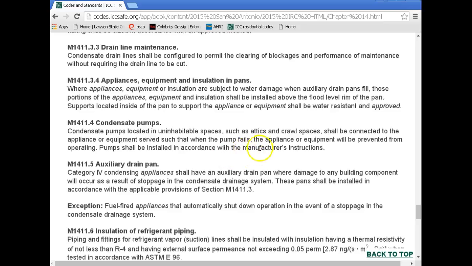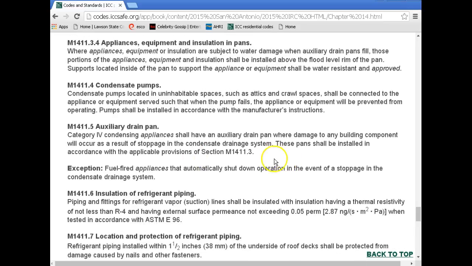If the pump fails, the appliance or equipment will be prevented from operating, so that it's going to have a float switch in, which will kill your power. See, 11.5, auxiliary drain pan. Category 4, that's our condensate or high efficiency furnaces, shall have an auxiliary drain pan where damage to any building component could occur as a result of a stoppage of the condensate.